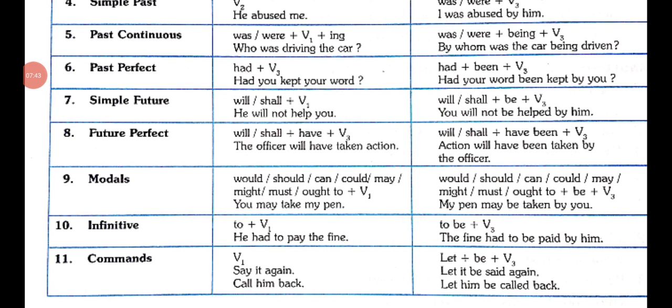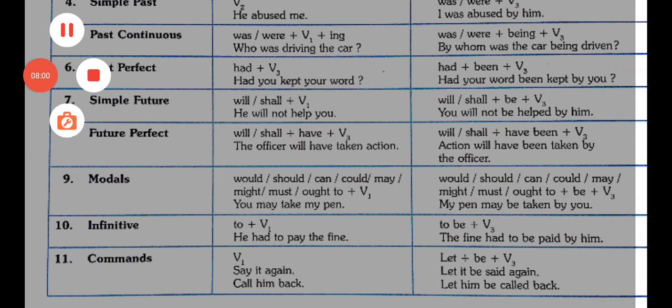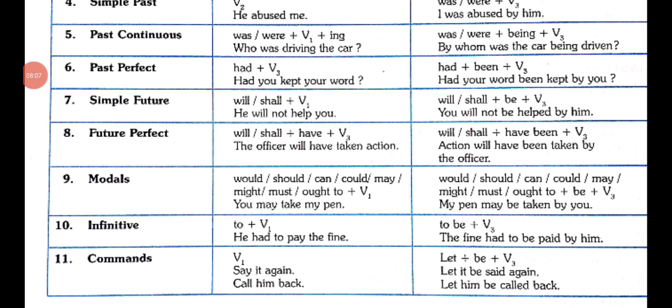In simple future, will, shall plus verb की first form. He will not help you. But in passive voice, we use be. Will, shall plus be plus third form. You will not be helped by him. Next, future perfect, because there is no procedure to frame the passive voice of future continuous.